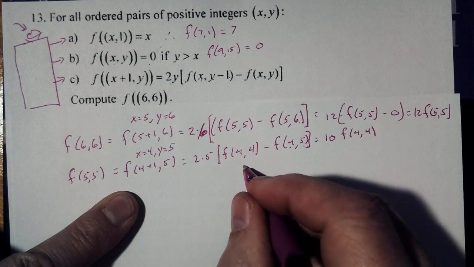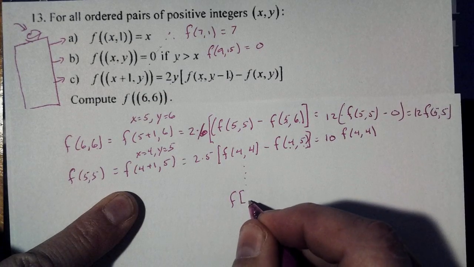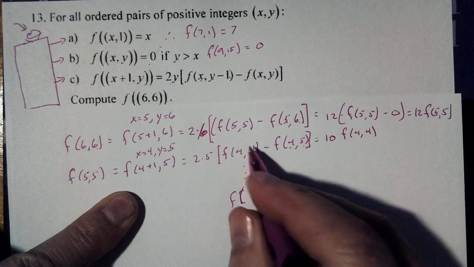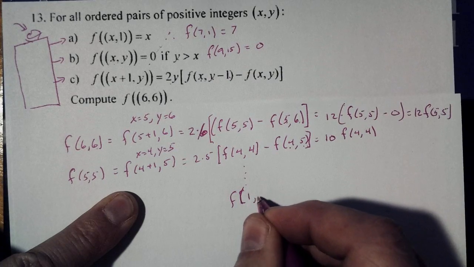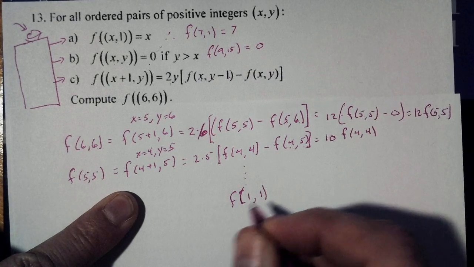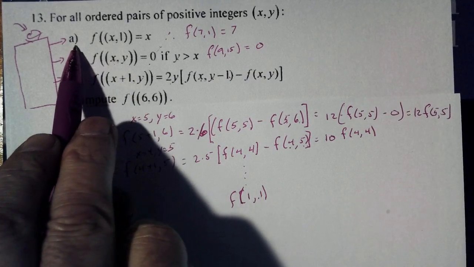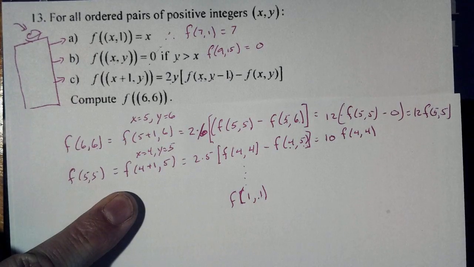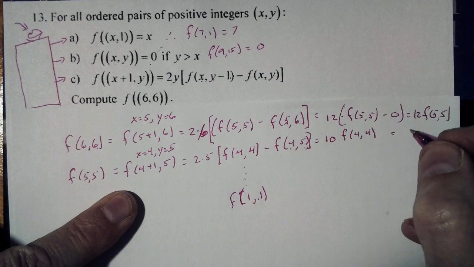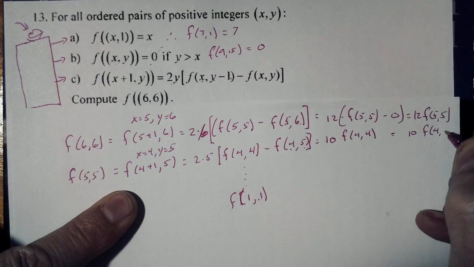And as we go down this pattern, there's evidence to support we're going to get down to F of 1, 1. And when we get down to F of 1, 1, then we have our bailout because we can treat it with A. So this ends up being 10 times F of 4, 4.